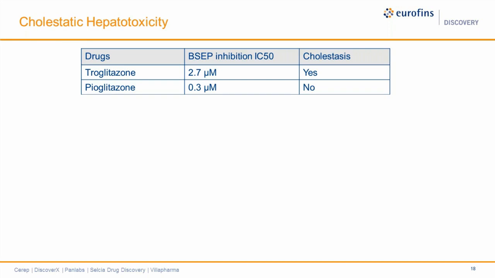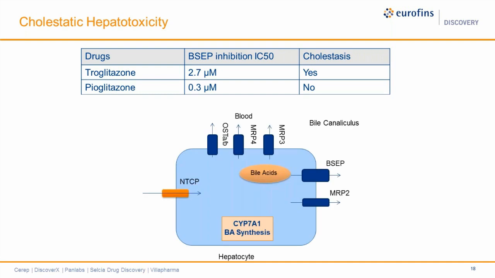As I mentioned in the last slide, the homeostasis of bile acid is regulated by transporters, which transport bile acid in and out of the hepatocytes, and CYP7A1, an enzyme that catalyzes bile acid synthesis. On top of those, the nuclear receptor FXR regulates the expression of those transporters and enzymes.